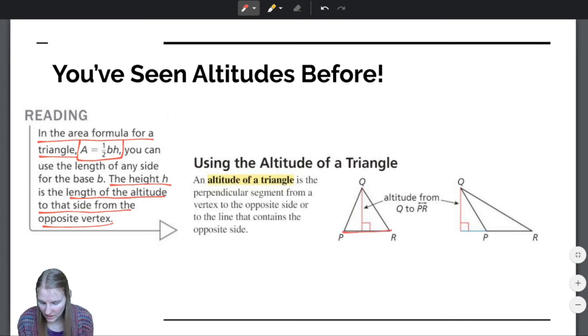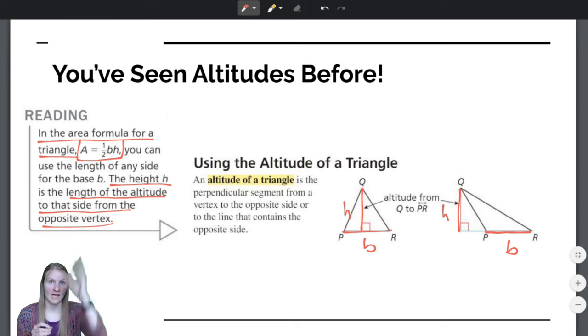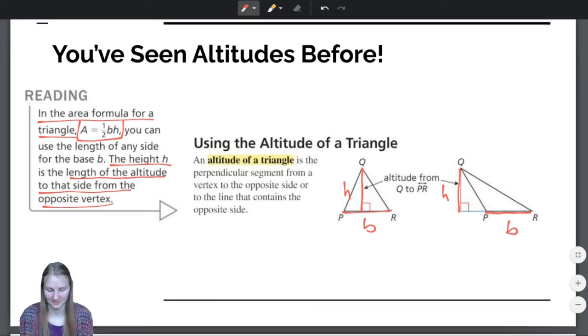So if you're using this side as your base, this altitude is what your height is. And in this triangle, if you're using PR as your base, this is your height. So whatever your base is, the height is the altitude from that side to the opposite vertex. So you have seen altitudes before, maybe just disguised in area formulas.